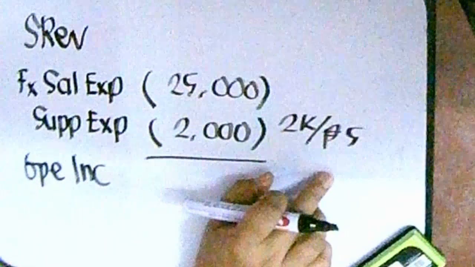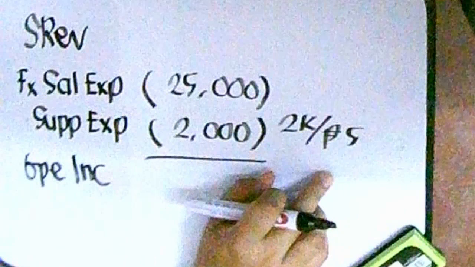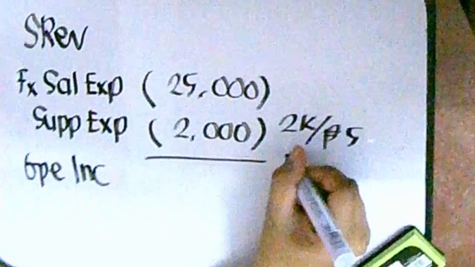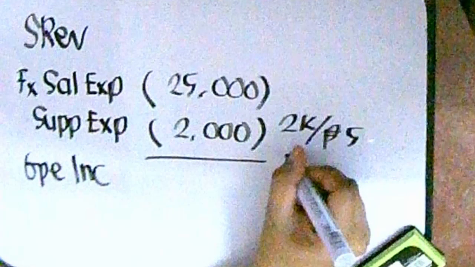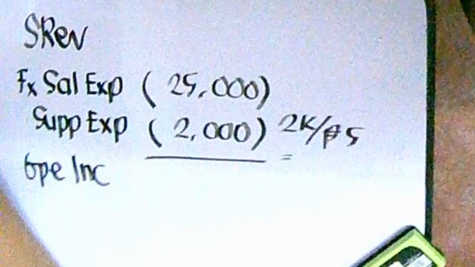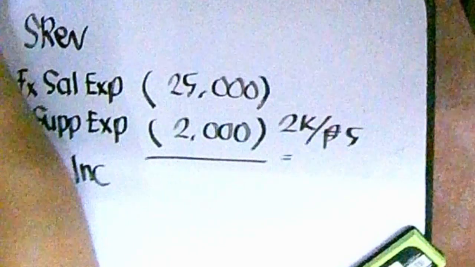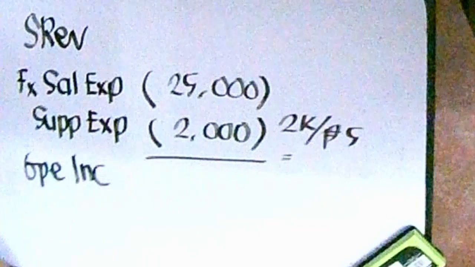So para makuha natin ilang 100 yung service na na-render. So that is 2,000 divided by 5, that is 400.